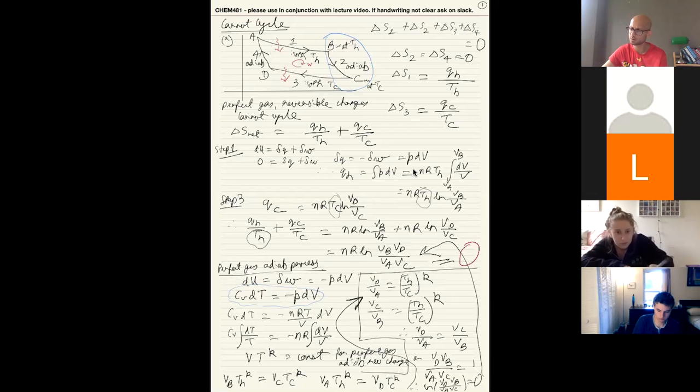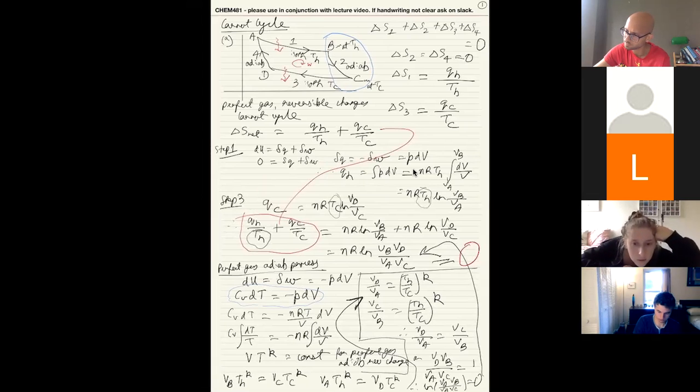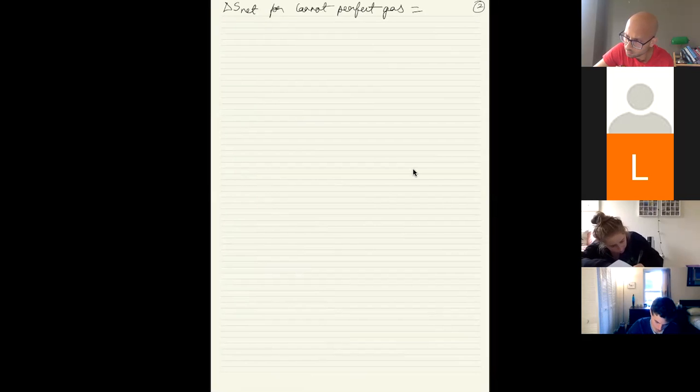So we just showed that QH by TH plus QC by TC for a Carnot cycle for a perfect gas is 0. And this QH by TH plus QC by TC is our delta S net. Therefore, we just showed that delta S for Carnot, perfect gas, is equal to 0.